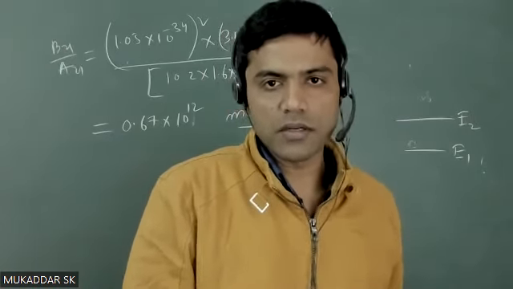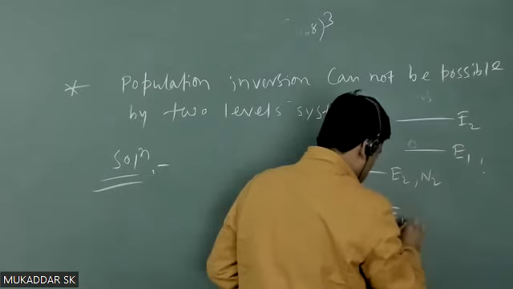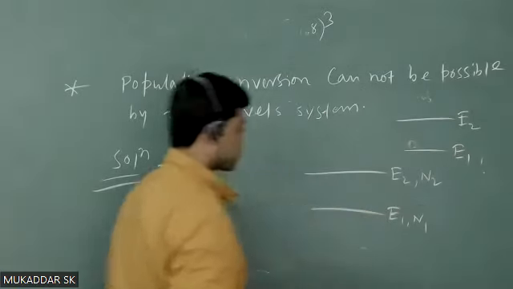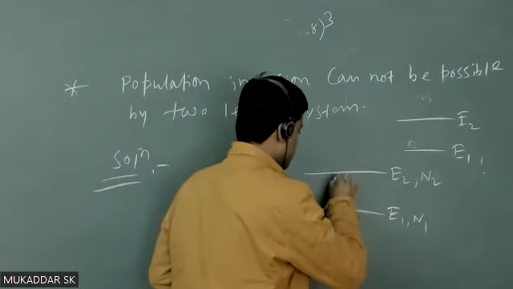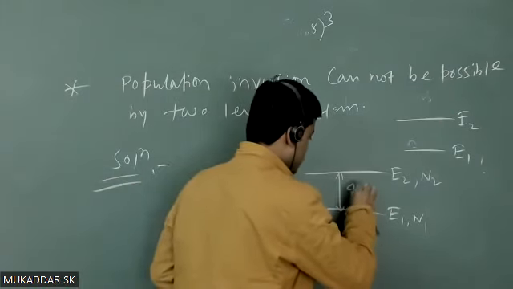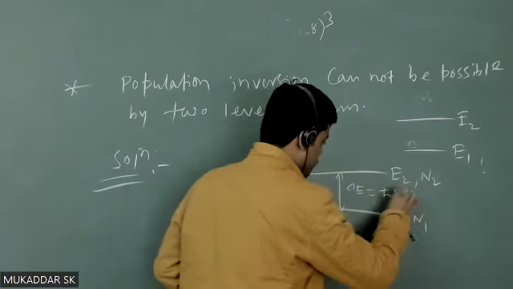I will prove this by using the Boltzmann distribution law. Suppose you have a two level system, E2 with number N2, E1 with number N1, and suppose their separation is delta E equals ħω.